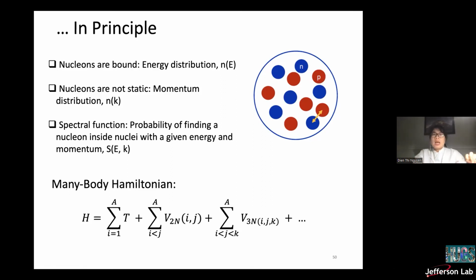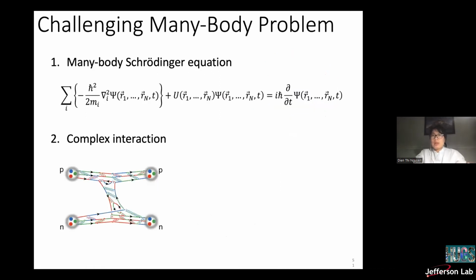If we can solve this many-body Hamiltonian, then we will find the wave function. After you have the wave function, you can calculate any quantity you want in the nuclear structure.